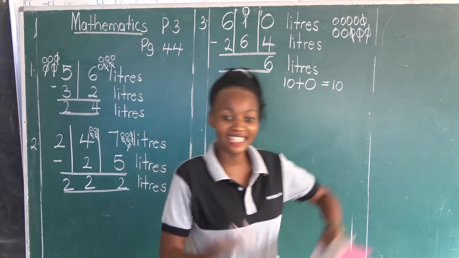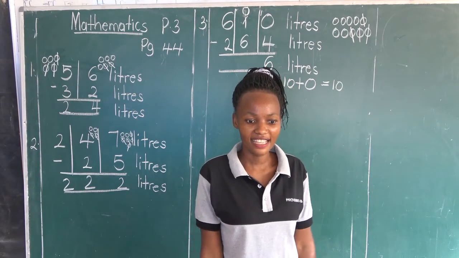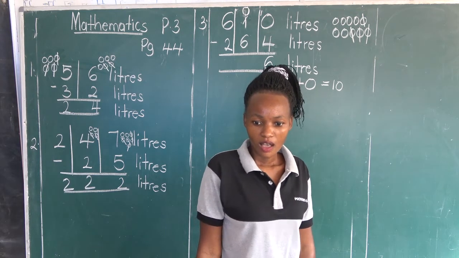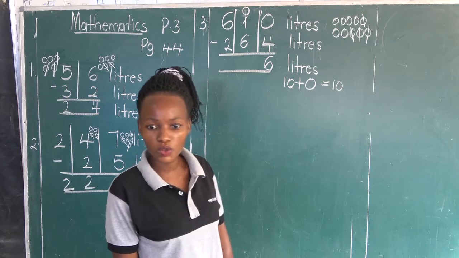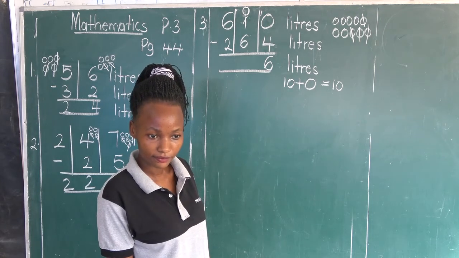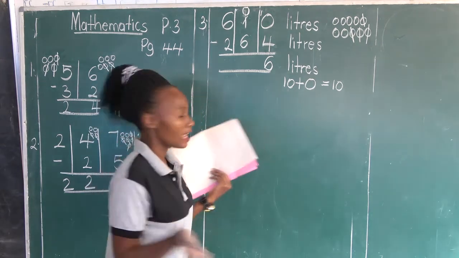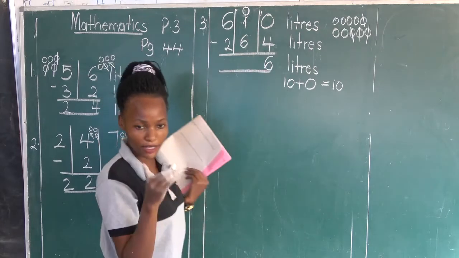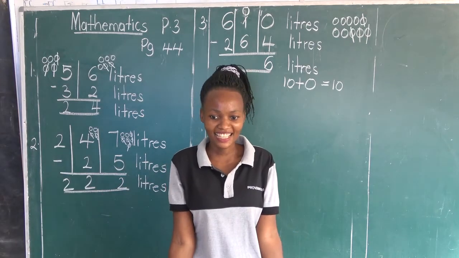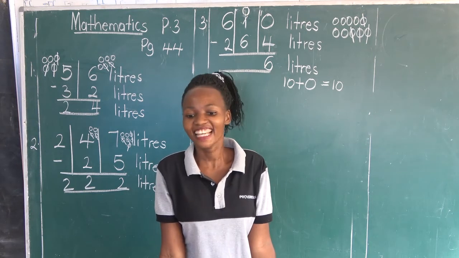Who can tell me? Yes, Paisley? We are going to subtract. Yes, we are going to subtract it. But we said 0 take away 6 is impossible. Then what are we going to do? Which another step are we going to do? Yes, Kiara?